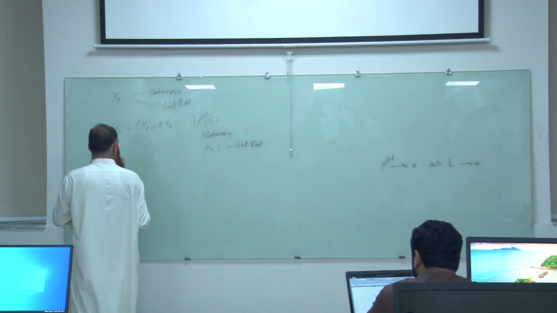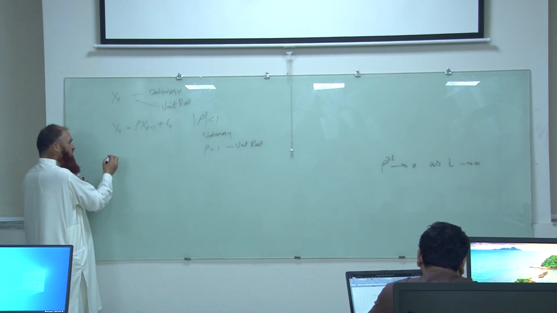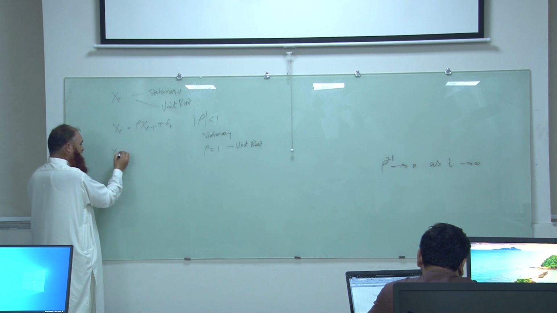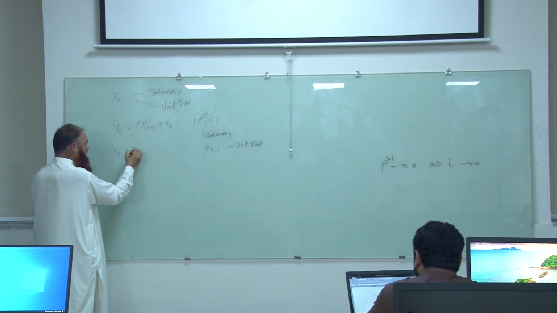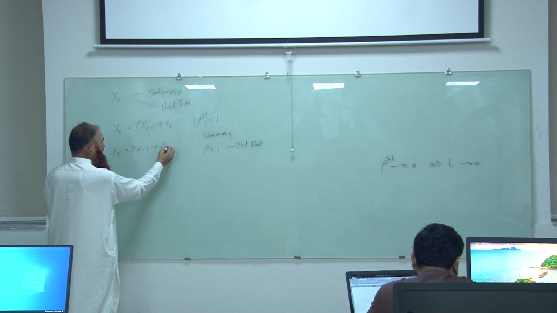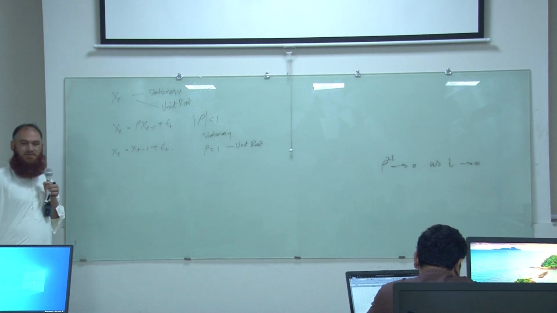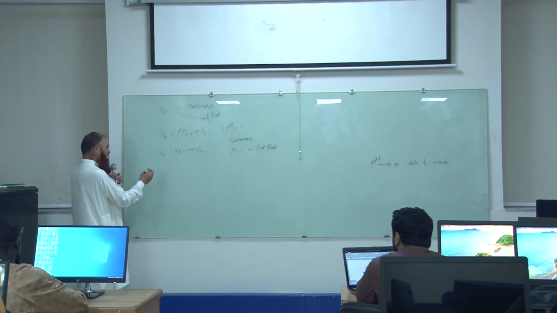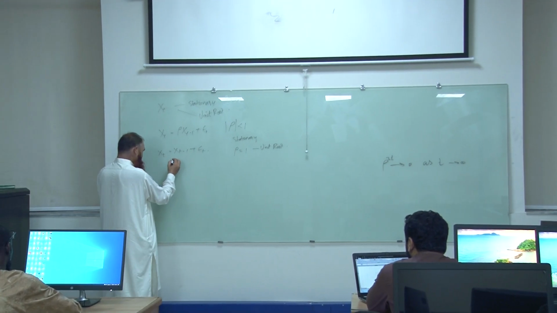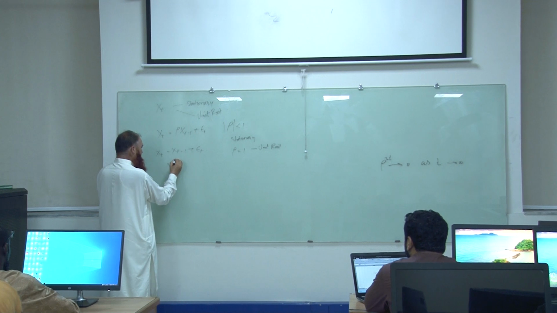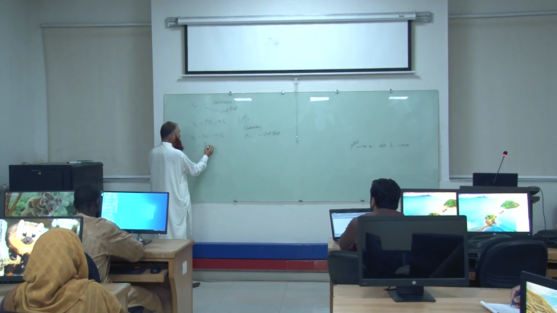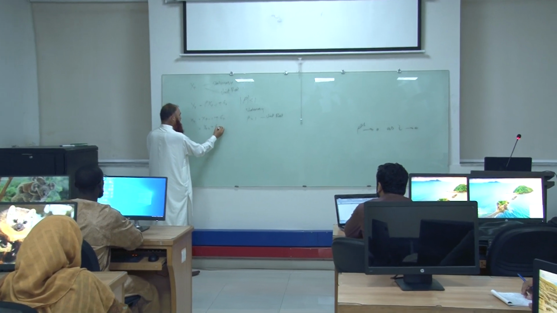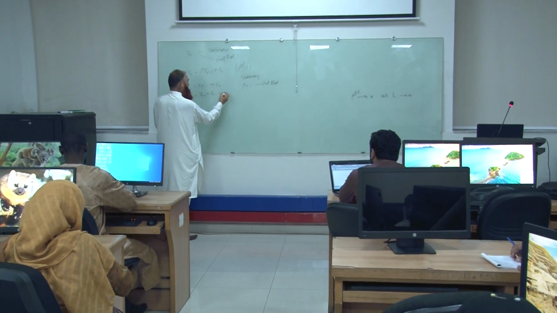If I put rho equal to 1, the series will be like this: xt is equal to xt minus 1 plus epsilon t. And if I extend this, I can write xt minus 2 plus epsilon t minus 1 plus epsilon t.